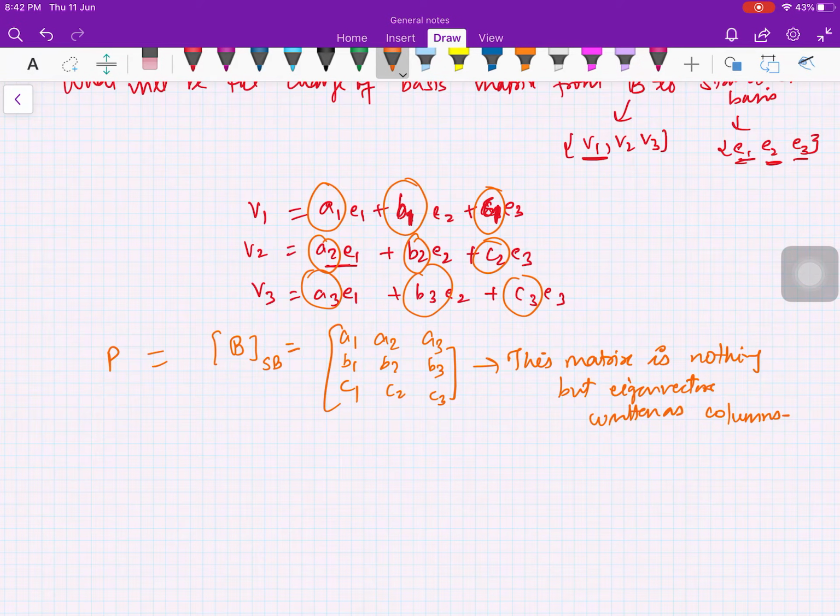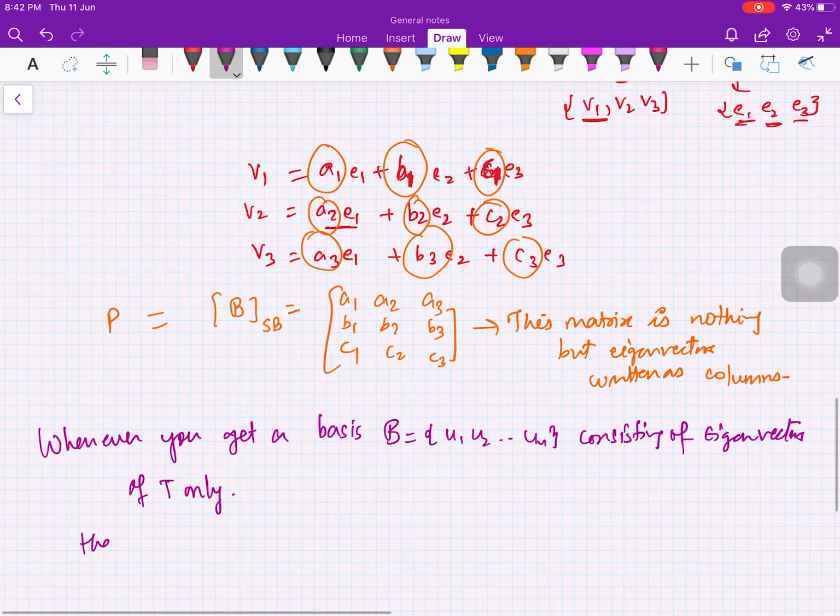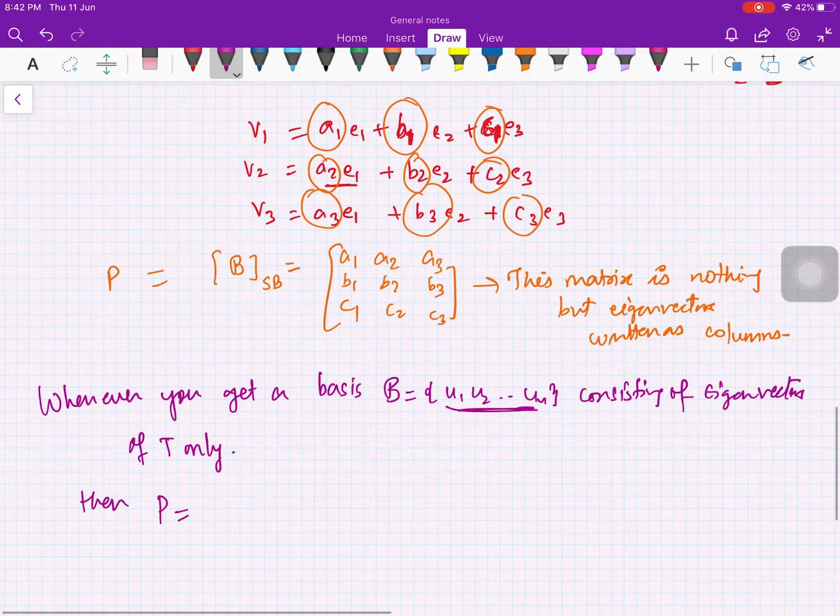So if you call this matrix P, whenever you get a basis beta u1 u2 un consisting of eigenvectors of T only, this is true for actually any basis, but we are talking about it because we will talk about diagonalization.